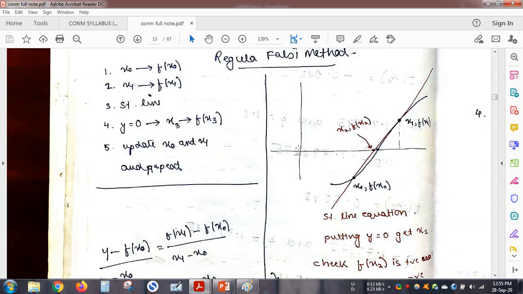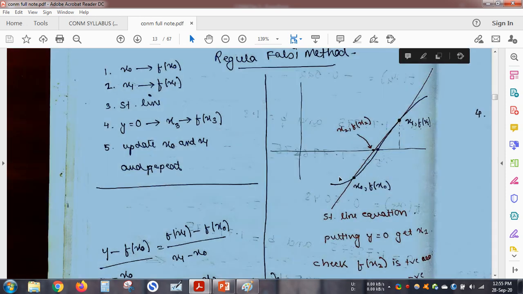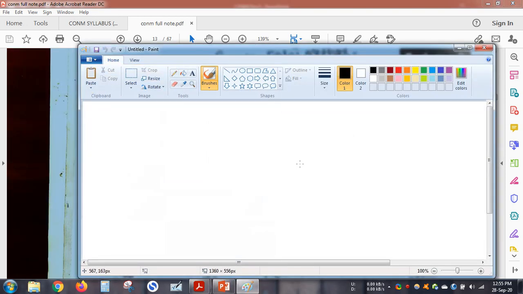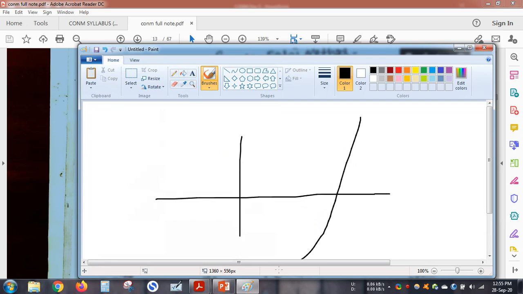Now suppose this one was the first value, this one was the second value, and after doing the regular falsi method, I found the third value.